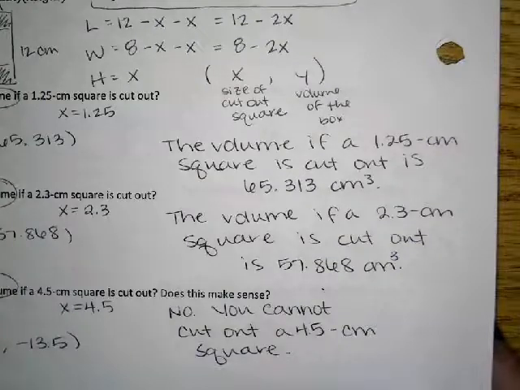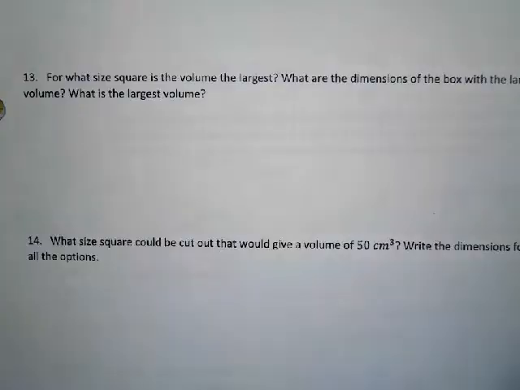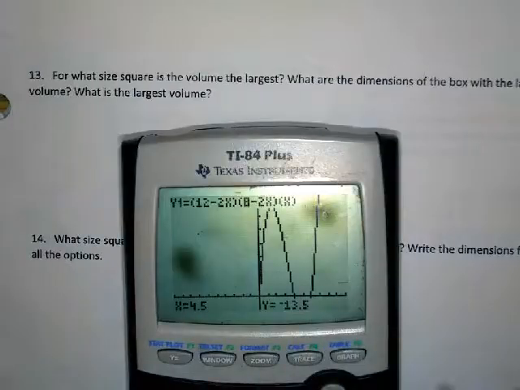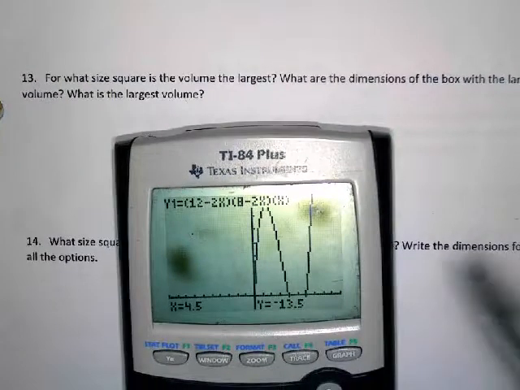Flip the paper. For what size square is the volume the largest? Where do you think the volume is the largest? Can you see it on there? Does it go to infinity? Well, it goes to a negative volume first, so anything over here we're going to ignore. So we can only look over here. That was a good question.